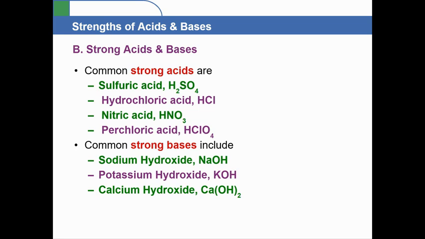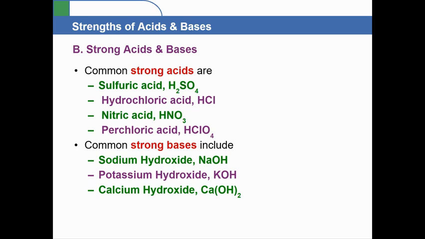Except you can always tell when you look at the equation for the chemical reaction. If it is a one-way arrow, that's your clue. Hey, look, that's a strong acid or a strong base.